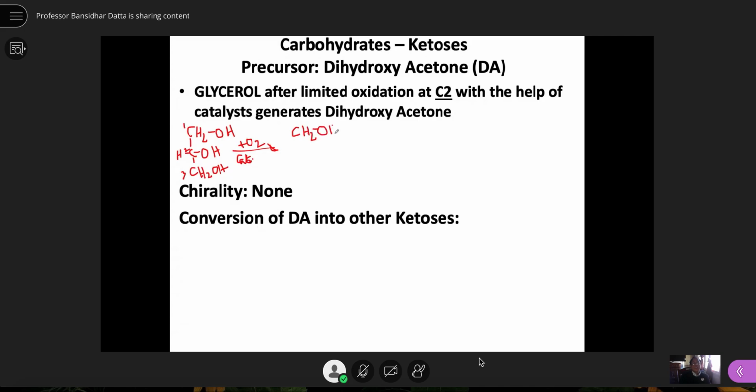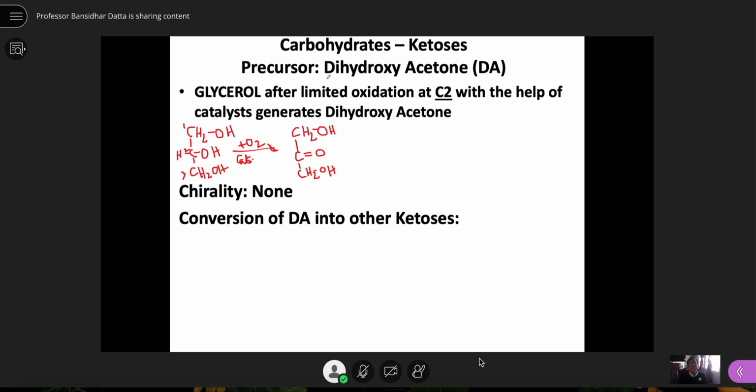If you oxidize the secondary alcohol, what do you get? You get the ketone. If you oxidize the primary alcohol, you get the aldehyde, that's glyceraldehyde at C1. A secondary alcohol, R2CHOH, is oxidized to a keto group.